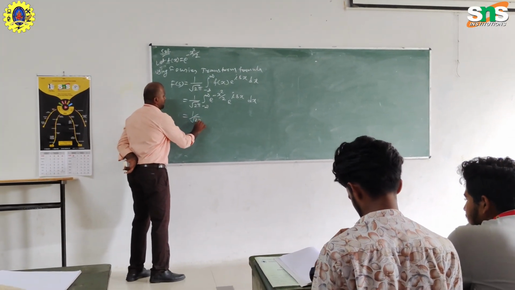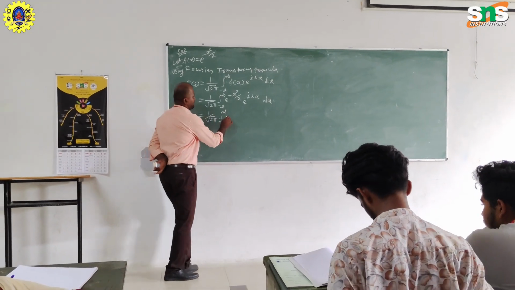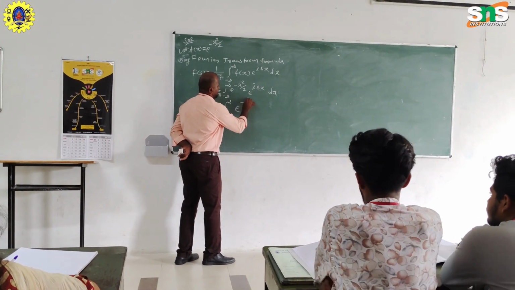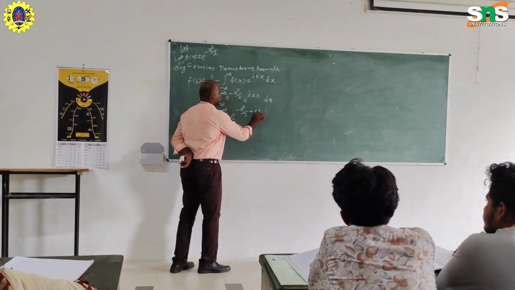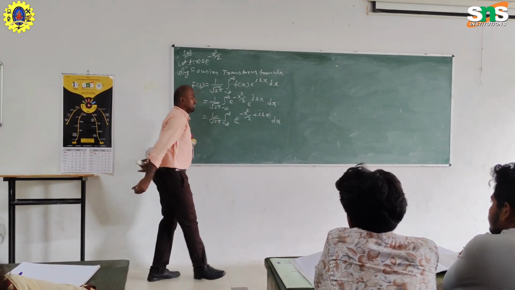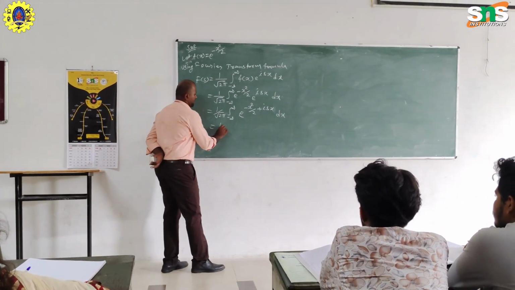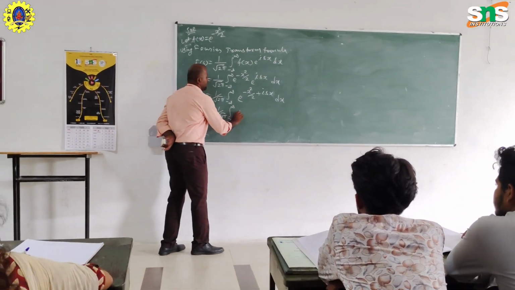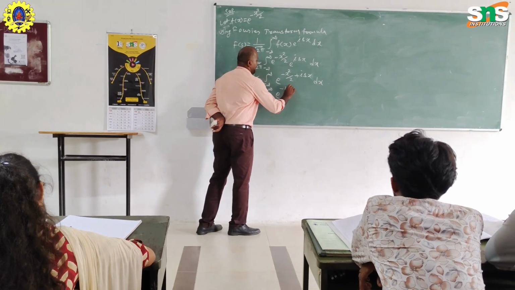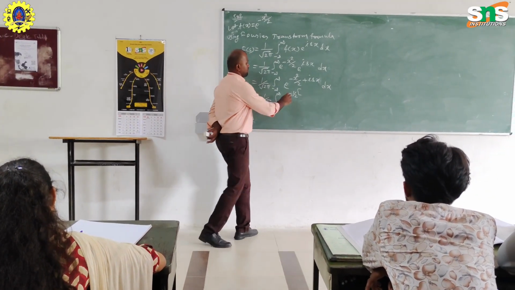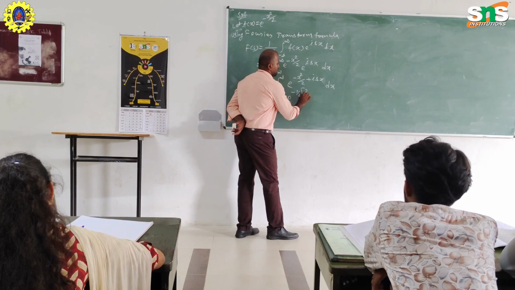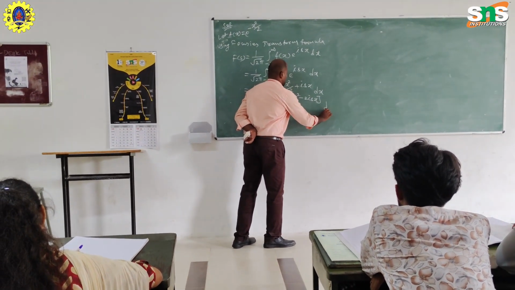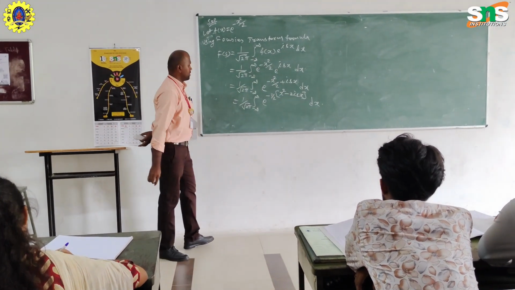1 by root 2 pi integral minus infinity to plus infinity e power, adding the exponential powers, minus x square by 2 plus isx into dx. Next one, 1 by root 2 pi integral minus infinity to plus infinity e power minus 1 by 2, the common term we have to take, minus 1 by 2 into x square minus 2isx into dx.